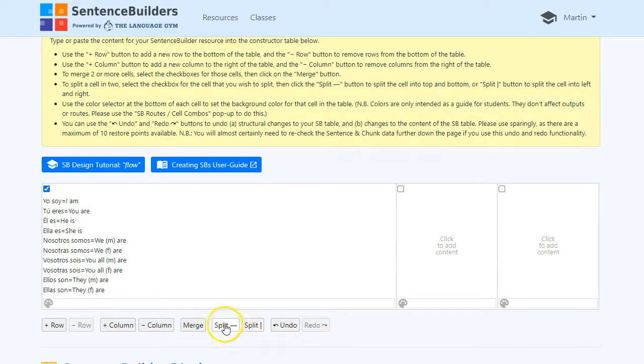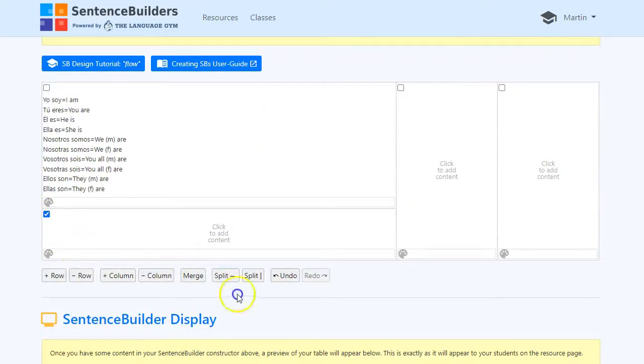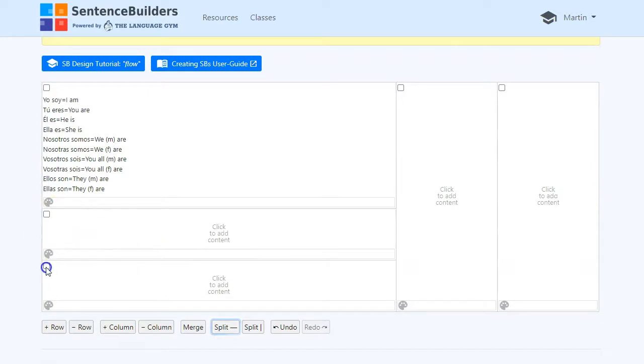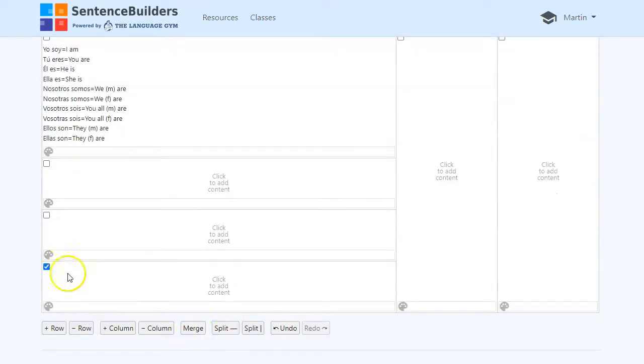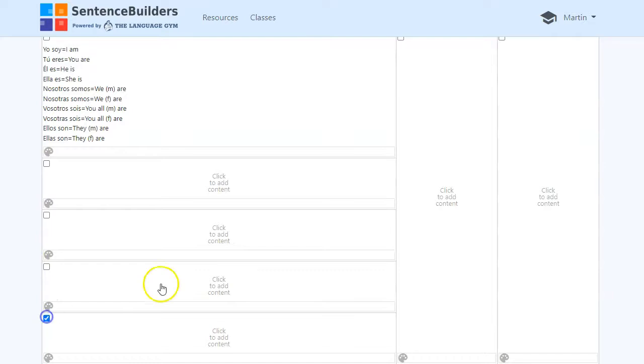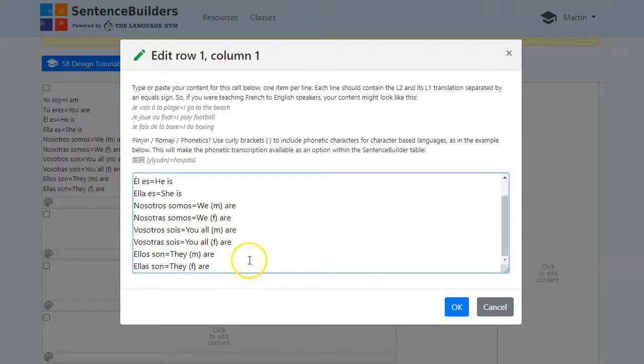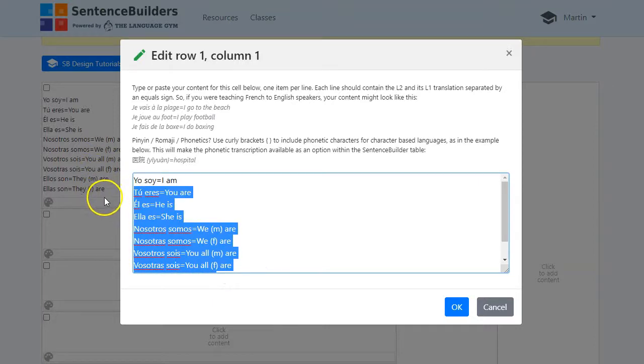So we'll split this into 6, 2, 3, 4, 5, 6, and I'll copy the various parts into the correct places.